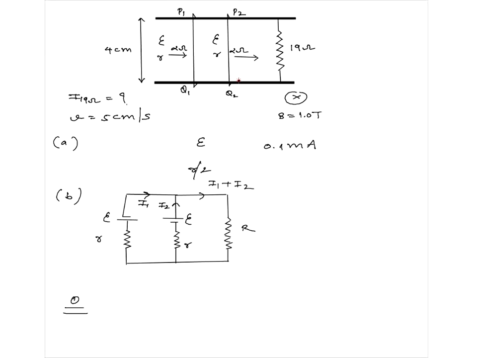If batteries have internal resistance, okay, 2 ohm is given. Alright, then it becomes a little interesting. 2 ohm are there.